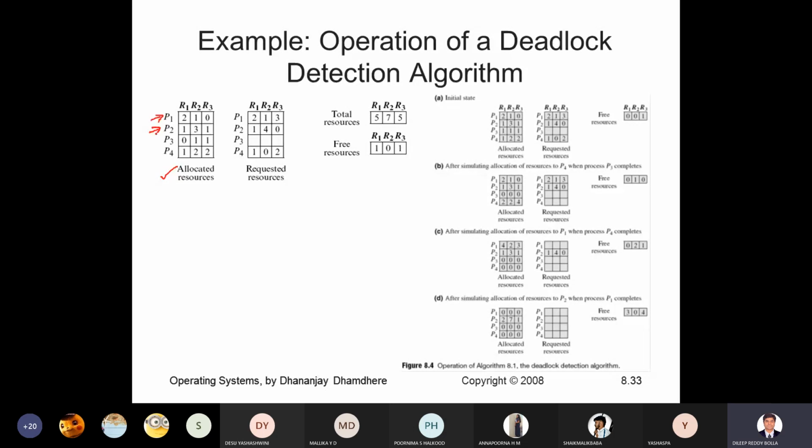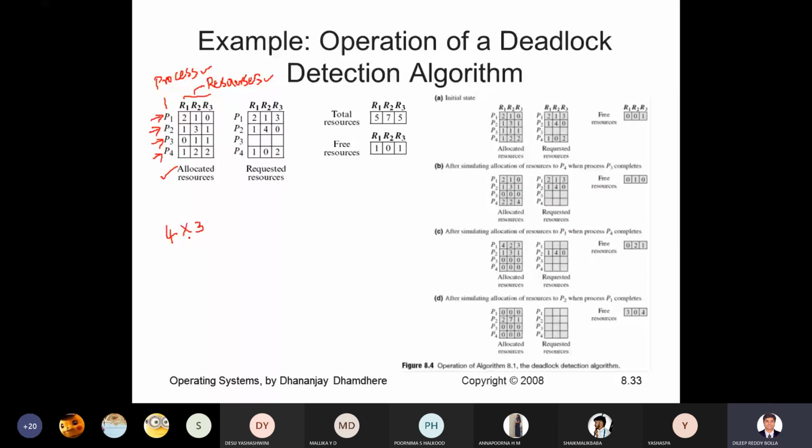These four are the processes, and these three are resources. So we have four processes and a total of three resources. Four processes by three resources, a matrix we got.